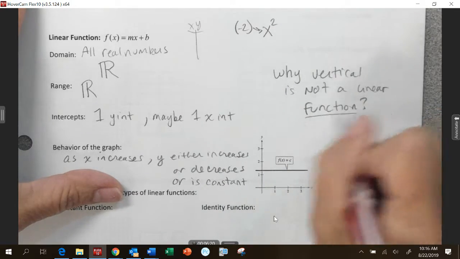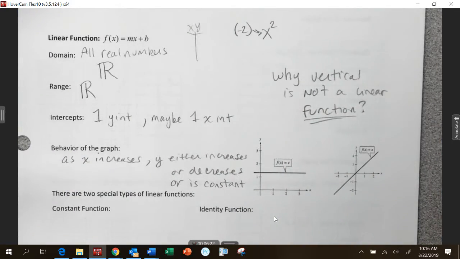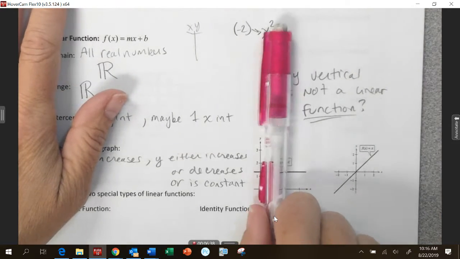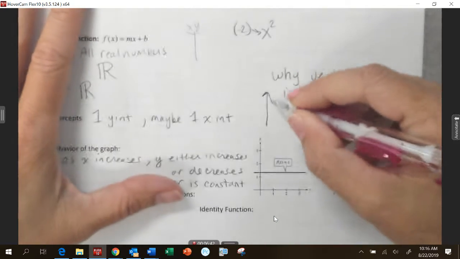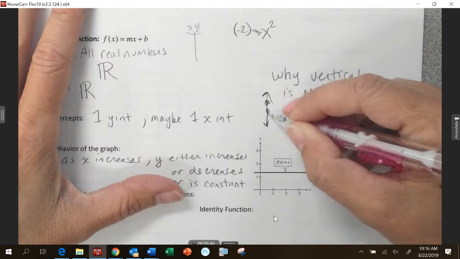Do you remember what makes something a function? The x value cannot repeat, right? When we look at all those ordered pairs, the x value cannot repeat. Or if you have a vertical line, it can't hit that vertical line more than once. But what happens if I have a vertical line and I've got all these x values?